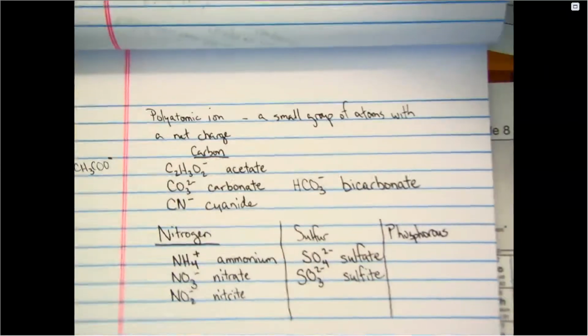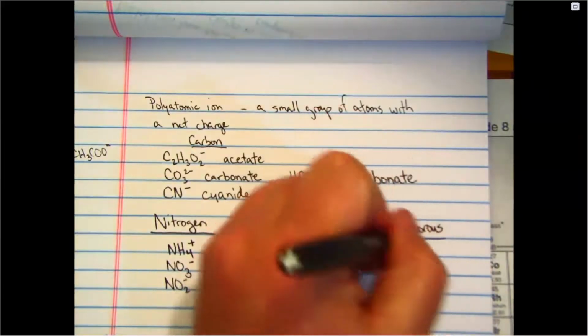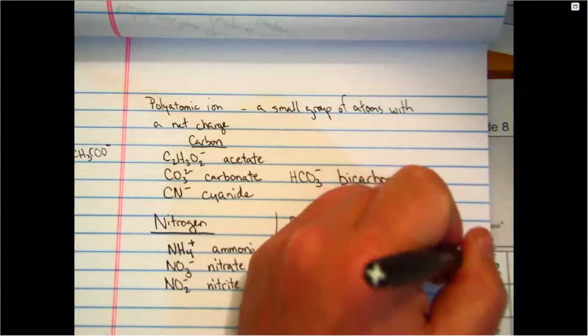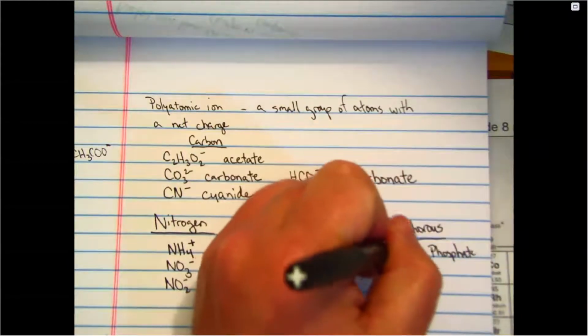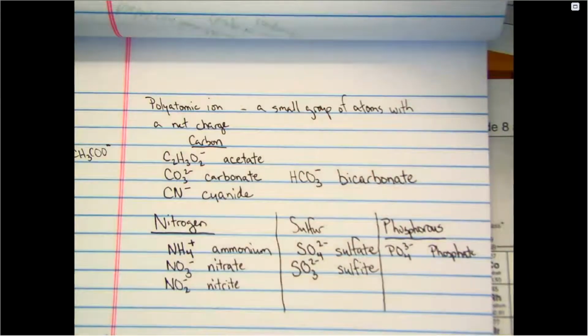And then finally, a couple of phosphorus-containing polyatomic ions. Phosphate has the chemical formula PO4 with a -3 charge.